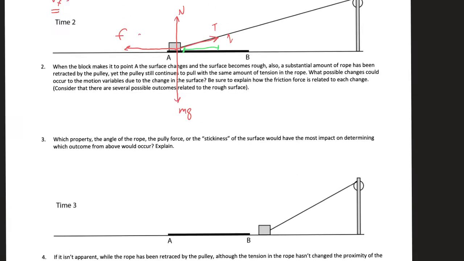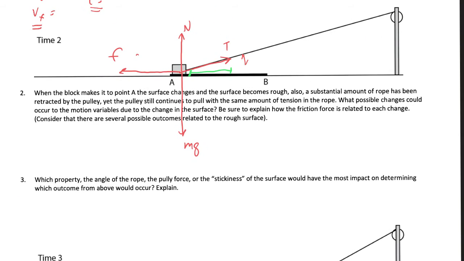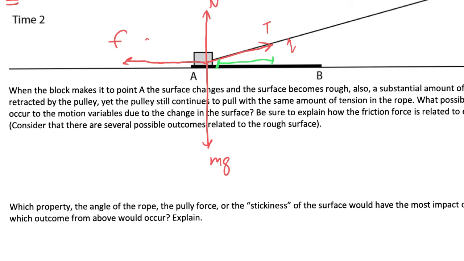I could go into this, and I think I should. You could solve for this, meaning net force in the x direction would be T cosine theta minus friction, and that equals MA. It's perfectly acceptable for me to ask this question as a calculation.